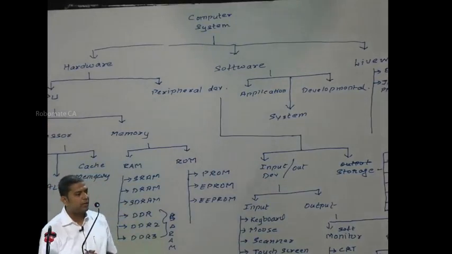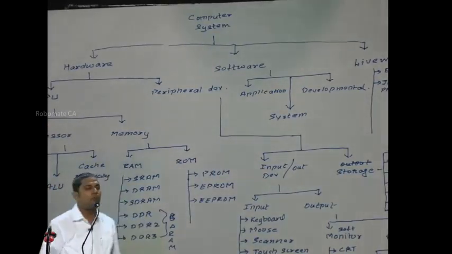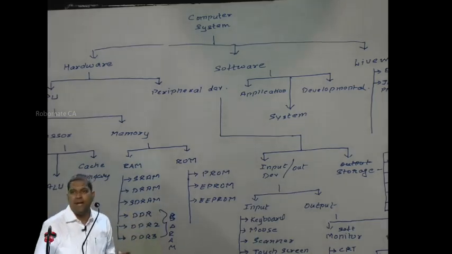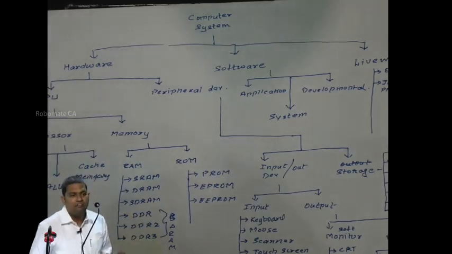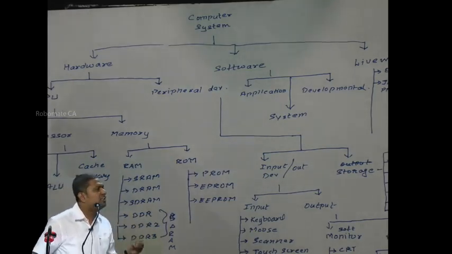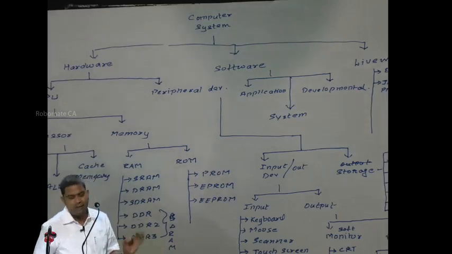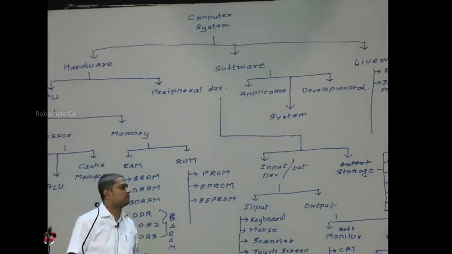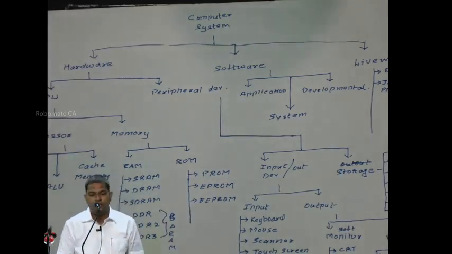Now, who is a junior programmer? A junior programmer is that programmer who writes code, who does programming, and this programming which he is doing is very, very basic. All the general programs, basic programs that you are writing are done by a junior programmer.